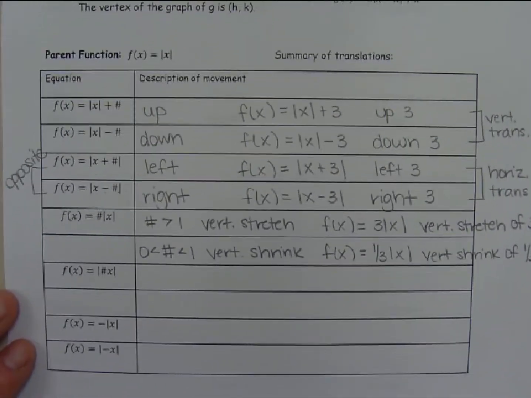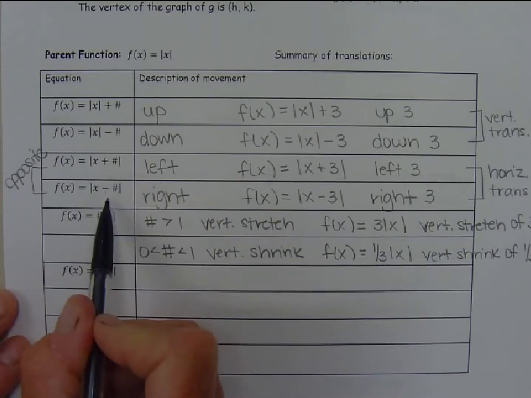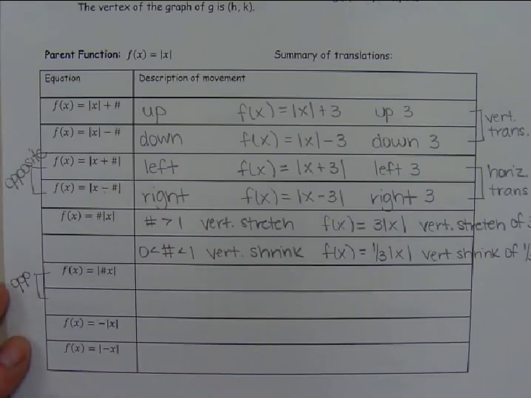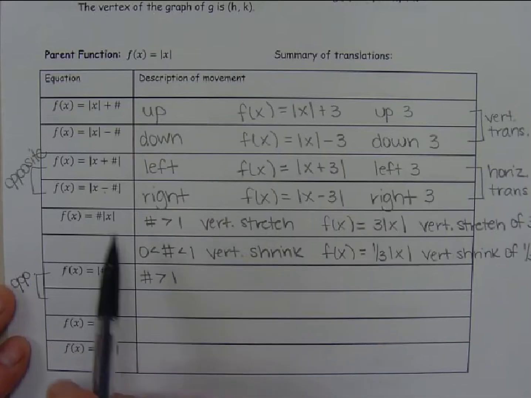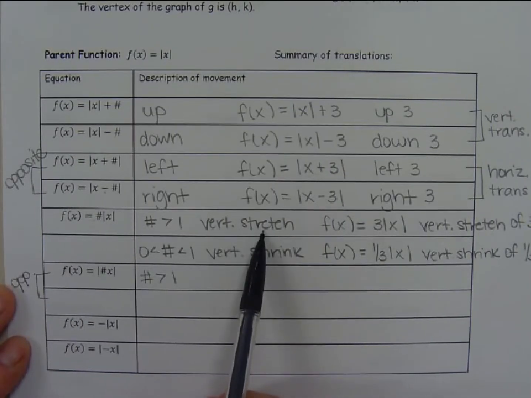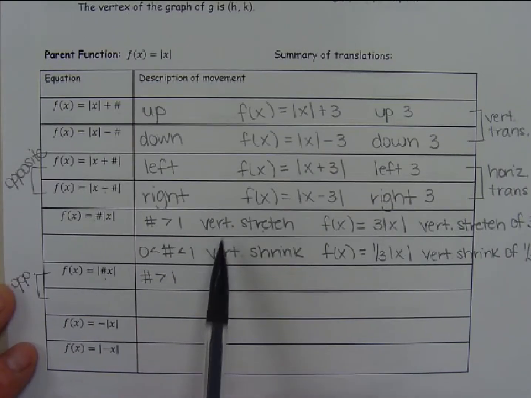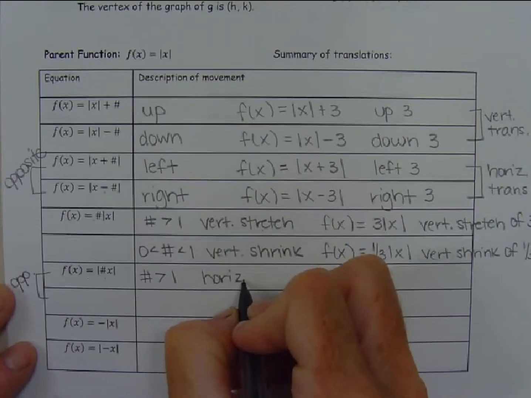Okay, the next thing we're going to look at is when there's a number inside. Remember how up here we said whenever the number is inside, it's the opposite? It is the same thing here. So if the number is greater than 1 and the number is out front, it's a vertical stretch. However, if the number's inside, it is the opposite. So instead of a stretch, this would actually be a shrink. And instead of it being a vertical shrink up and down, it's actually going to be a horizontal shrink.